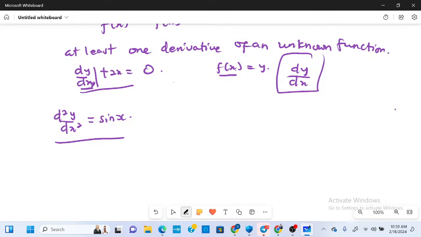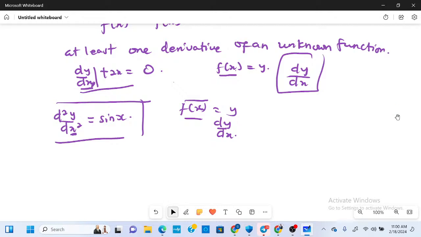But to know if it is an ordinary differential equation, you only have to consider the independent variable. How many are there? Only one, that is x. So this is the same as a function of x, which is equal to y, and it was differentiated to give d squared y over dx squared. So it's a derivative of a function of a single variable, meaning this equation is an ordinary differential equation.